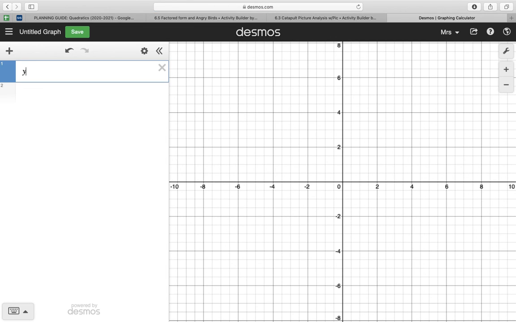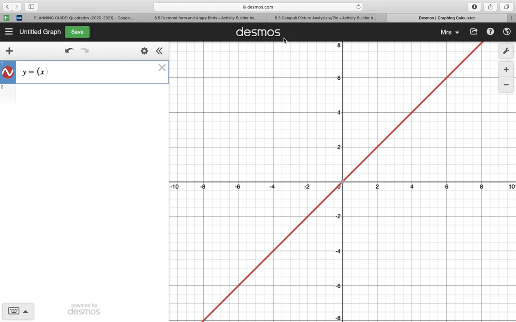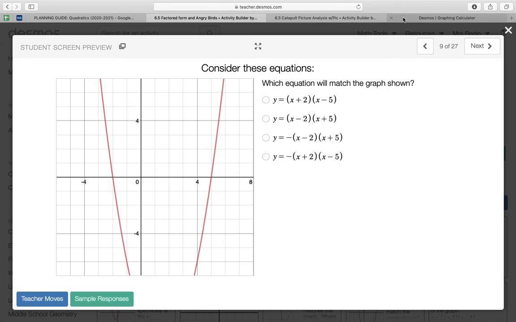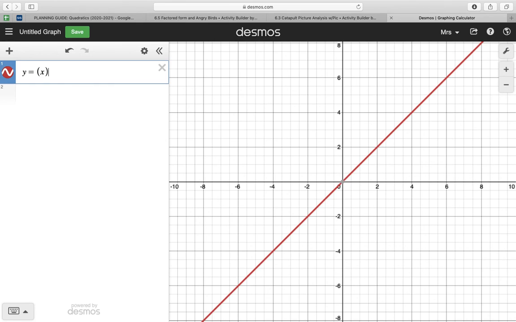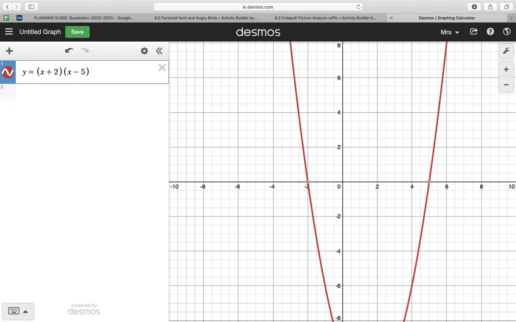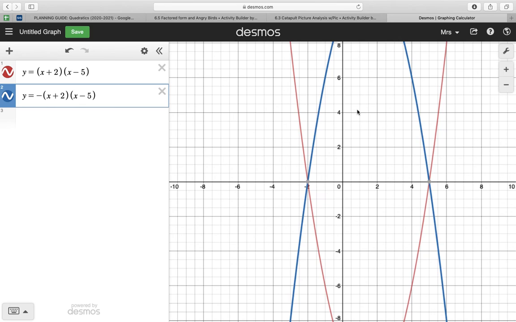So it was y equals (x plus 2)(x minus 5). Okay, so yep, then the question is, what does the negative do? Let's try that. Okay, x plus 2, x minus 5. Oh, so the negative turns it upside down. So it must be the first one, the positive one.